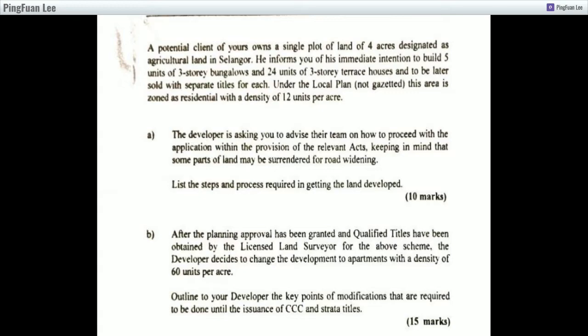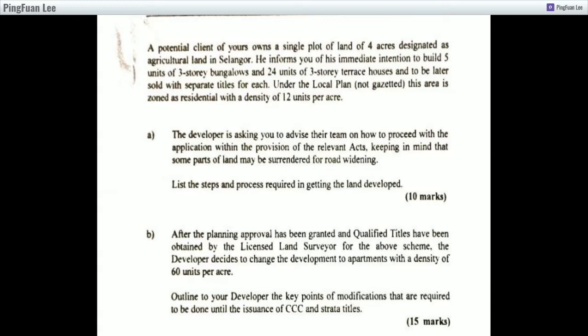Here's the thing, I don't quite understand when they say getting the land developed. What does this actually mean? Just up until BP, or up until planning, or up until complete everything? Any ideas, guys? I think this wording here is a bit unclear.